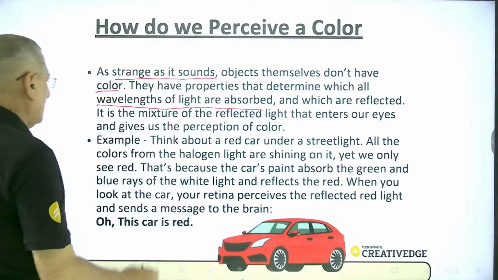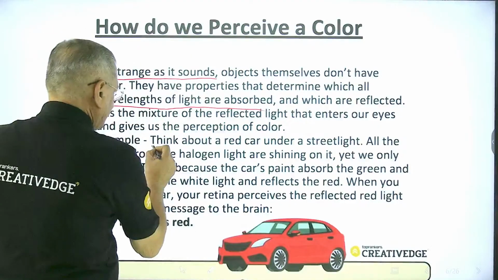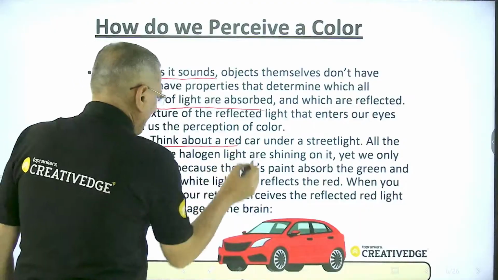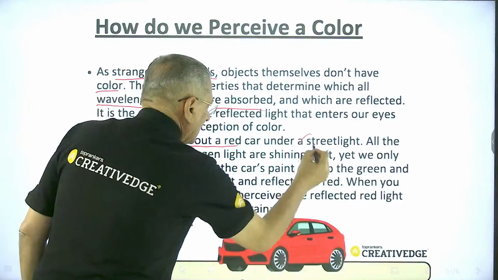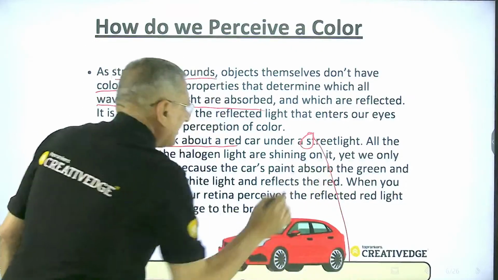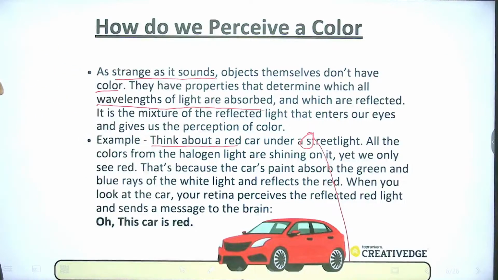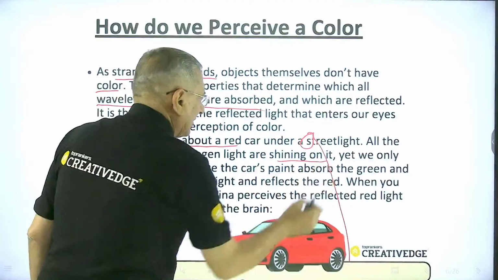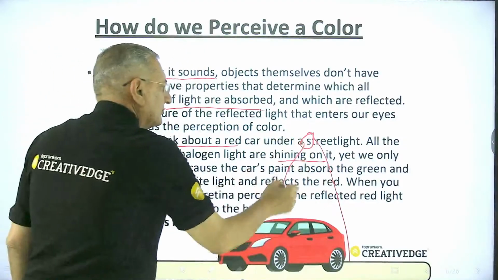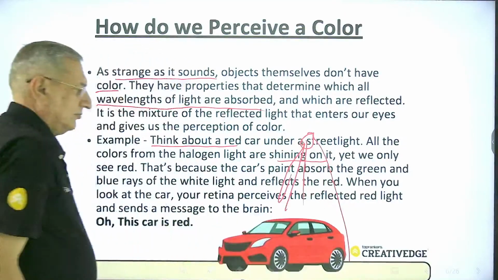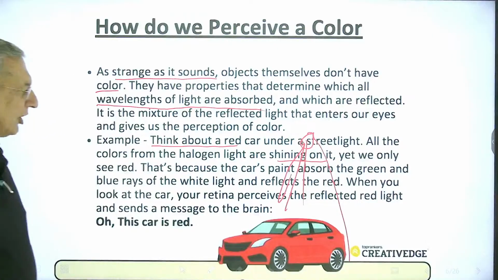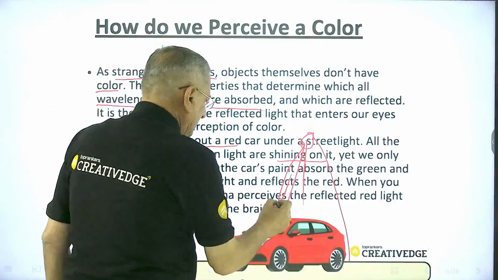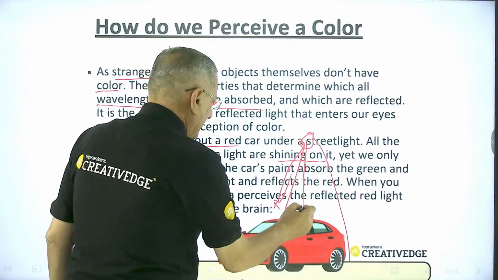Similarly, take an example. Think about a red car under a street light. All the colors from the halogen light are shining on it. And what are all those colors? RGB.